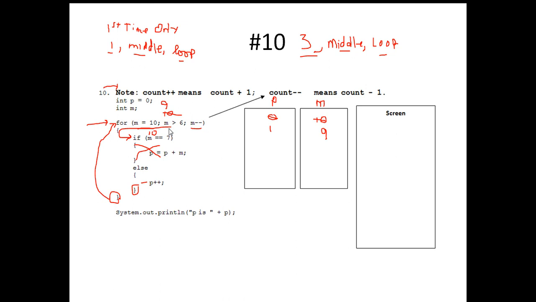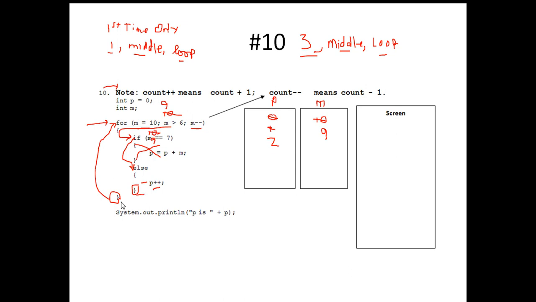Since this is true, we go in here. Is 9 equal to 7? Well, it's still false, so we still do not do the if clause. And so we go to the else. The else tells us that we need to add 1 to P. And so we increment that, and now P becomes 2.